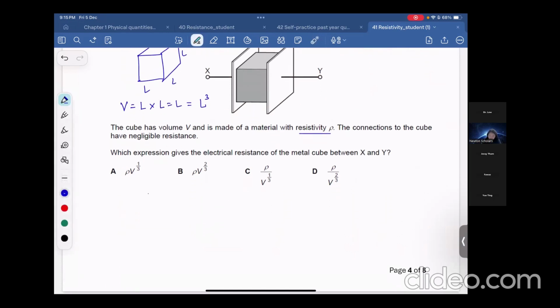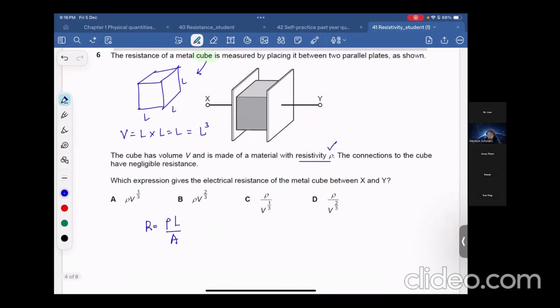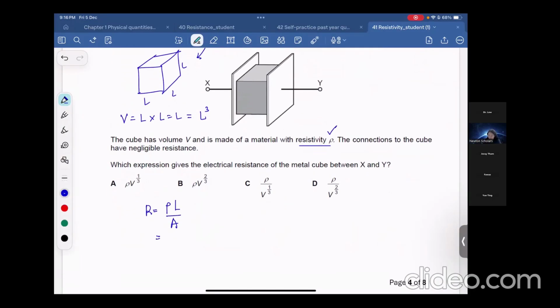So we understand resistance is rho L over A. They already gave us rho. Then L is the length. But it didn't give us the area. So what should I do? Looking at the answers, can you see they are in terms of volume, with no length involved, so no area involved.